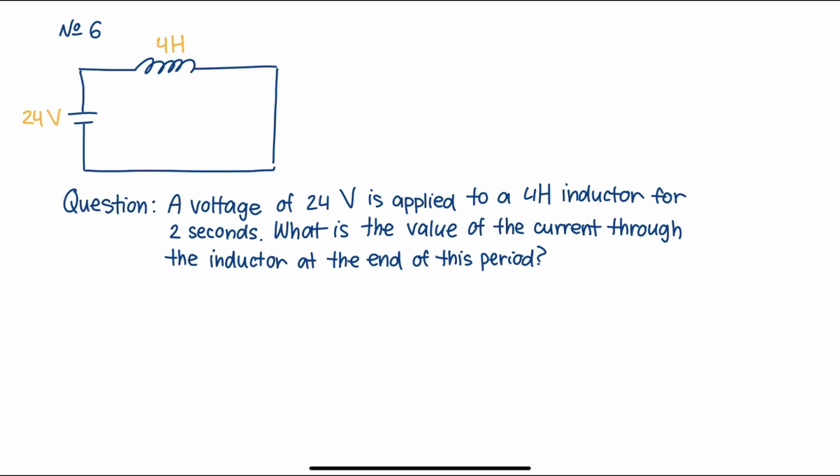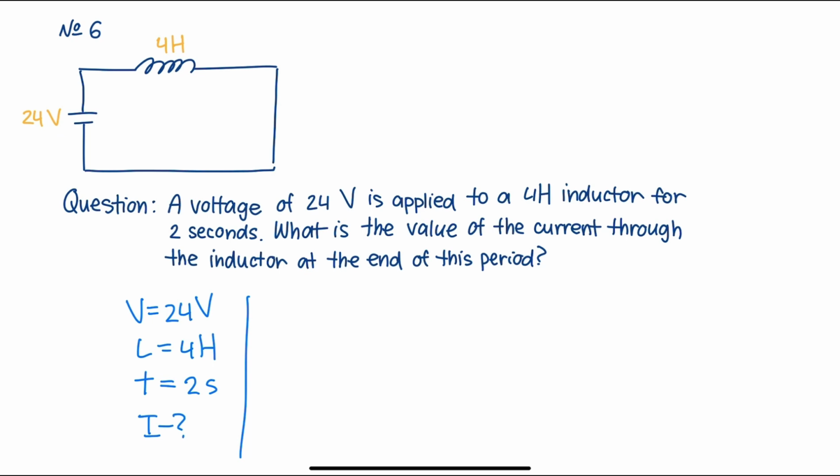If we write down the information given, it's going to be voltage, 24 volts, L, which is 4H, and t, which is 2 seconds. We're looking for I, the current through the inductor. In this case, we're going to use two formulas.